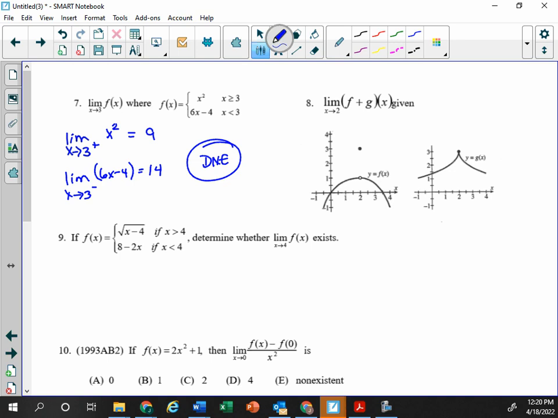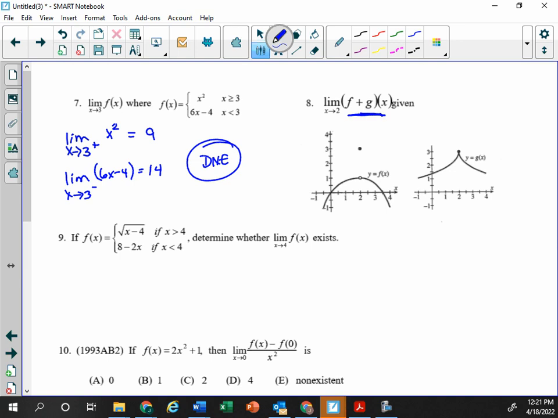Okay, number 8 is kind of interesting. So if we look, I want to have you do both of these. All right, what you're going to do is evaluate the f and the g separately.